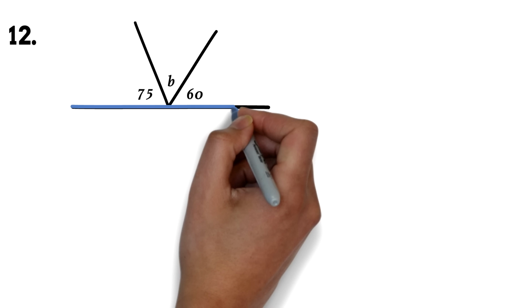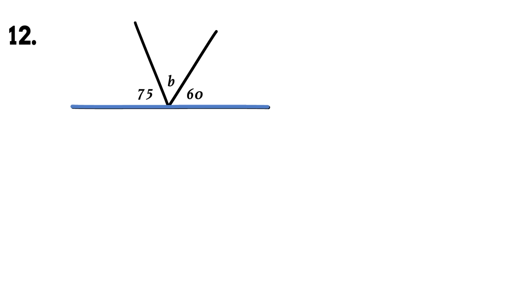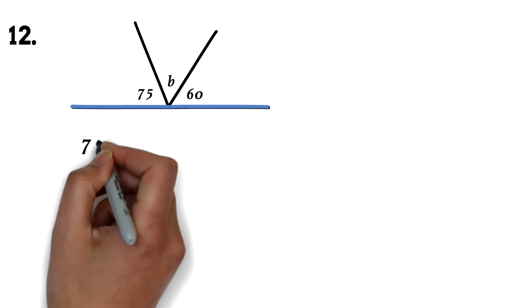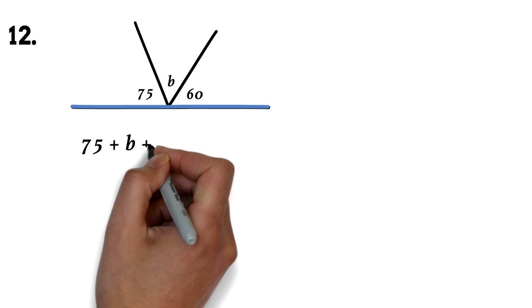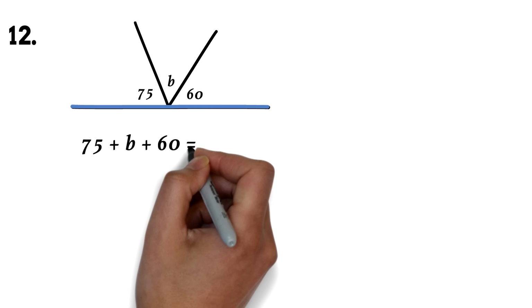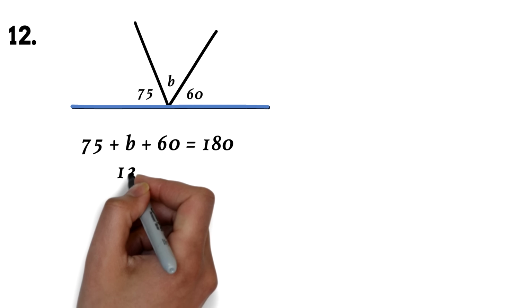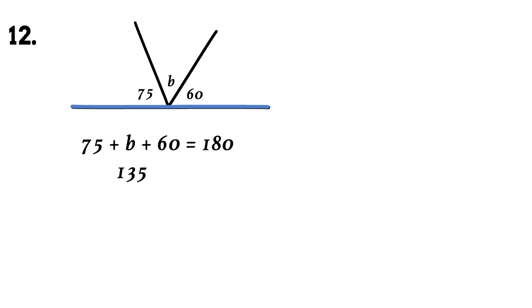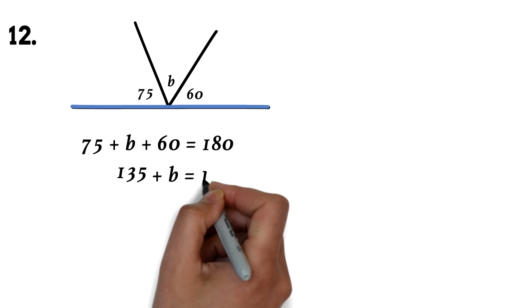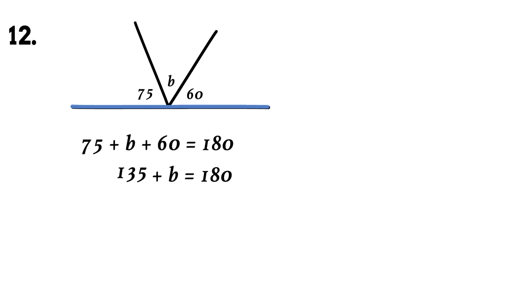We want to find the angle B. Here again, we have angles on a straight line. So 75 plus B plus 60 must be equal to 180. We can add the 75 and 60 to get 135. We have B plus 135 equals 180.